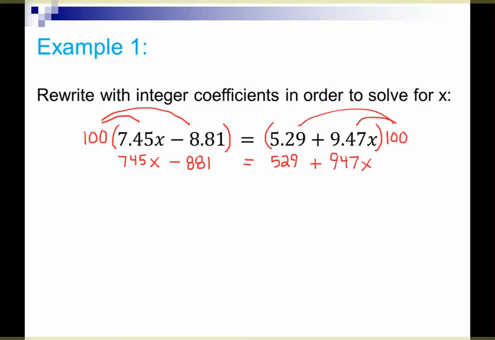All right, equations with variables on both sides. We want to collect variables first. My two options are either subtracting 745x or subtracting 947x. I'm going to go with this guy because he's going to keep me in positive land. And then I'm going to do that on the right-hand side as well. So minus 745x.